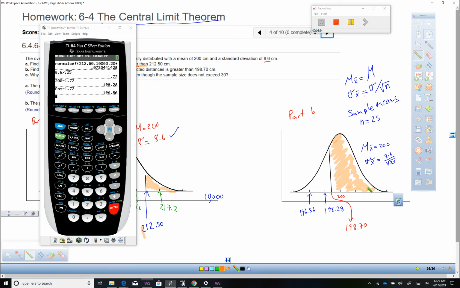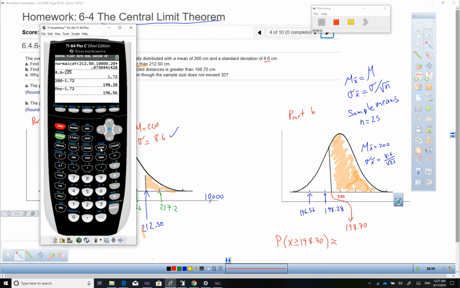So to find that probability, let's write it like that: what's the probability that x is greater than or equal to 198.7 with these parameters?